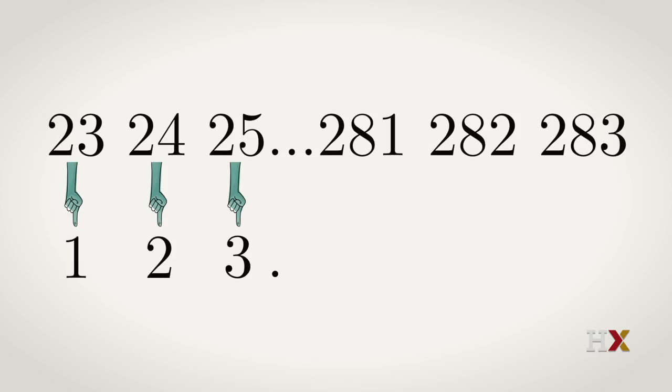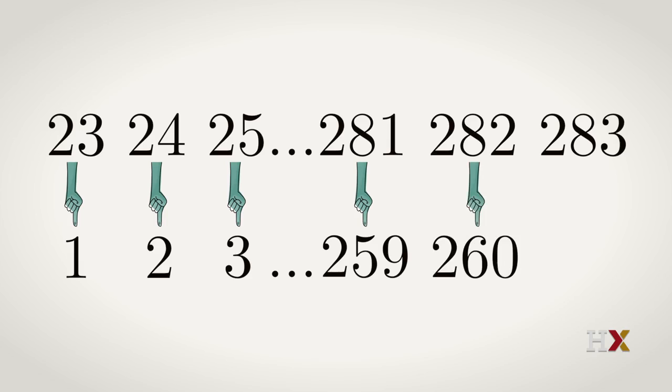We get another sequence of dots from all the numbers, from 26 minus 22, 27 minus 22, etc. When we get up to 281 minus 22, that's 259. 282 minus 22 is 260. 283 minus 22 is 261. So we get a new list of numbers, which has exactly the same number of numbers as on our first list, because to each number on our first list, we've written down that number minus 22.